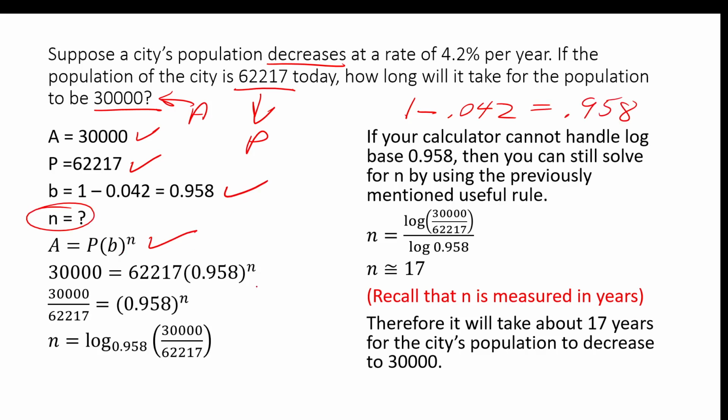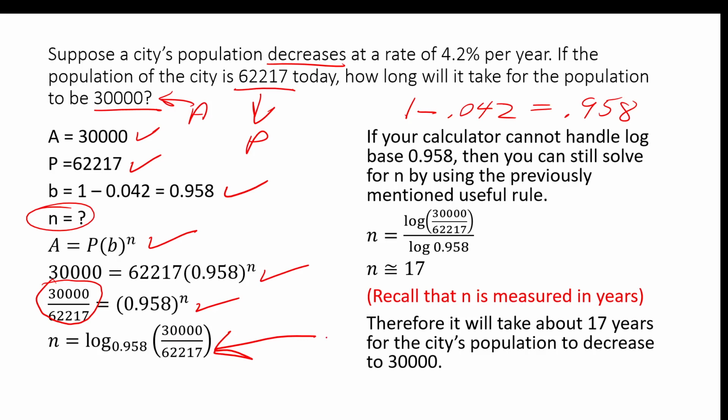So A equals P times B to the n. I plug my numbers in, divide both sides by 62,217, and I get this equation here. I can simplify that to this expression at the bottom: n equals log base 0.958 of 30,000 over 62,217.